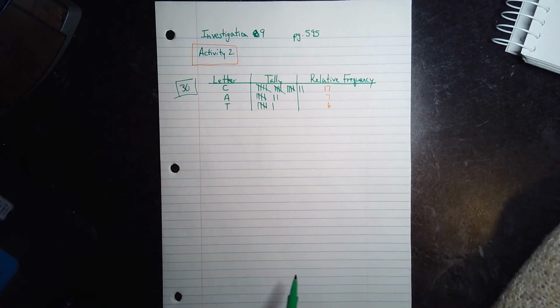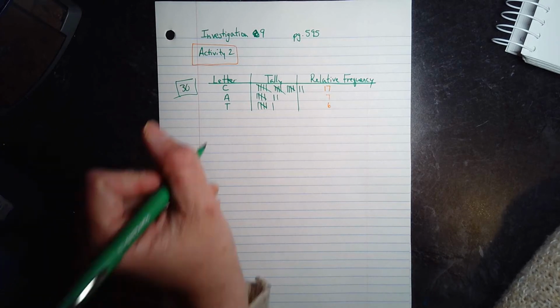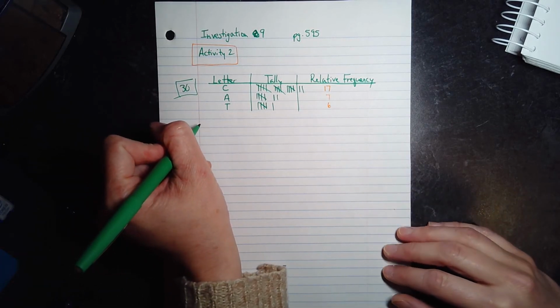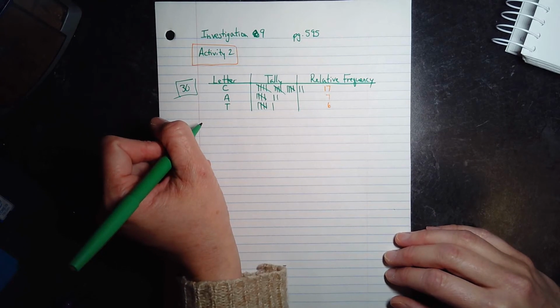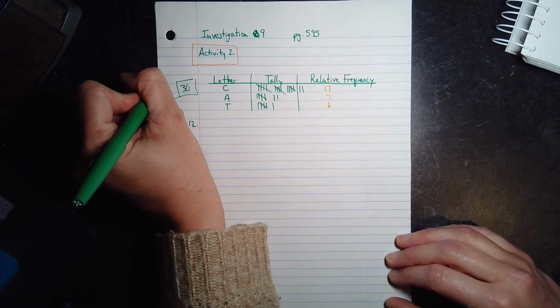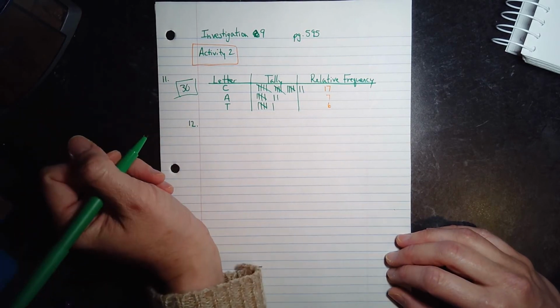All right, let's look at number 12, okay? It says, from your relative frequency table, estimate the probability that the letter you chose is a T. So when I look here, what I notice, this was number 11, by the way, for those of you who like to have everything numbered neatly.